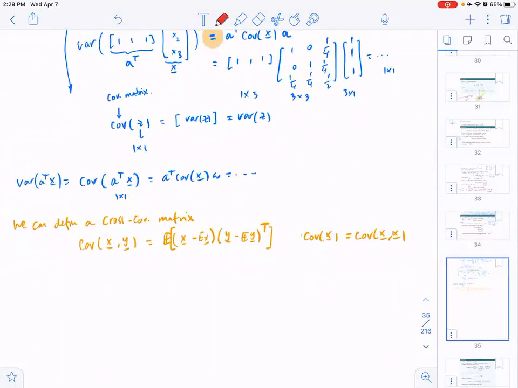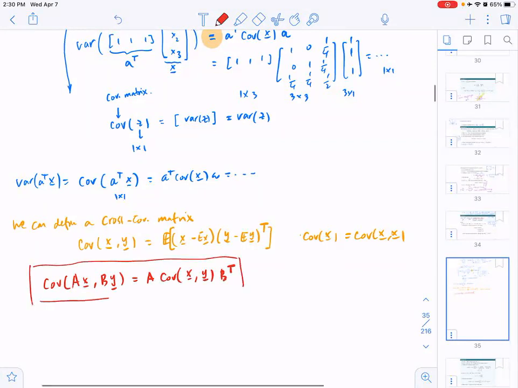Then you can show, for example, that the cross covariance of A times x and B times y is A cov x and y B transpose, by the same arguments. And this would be a generalization of the lemma that we had.